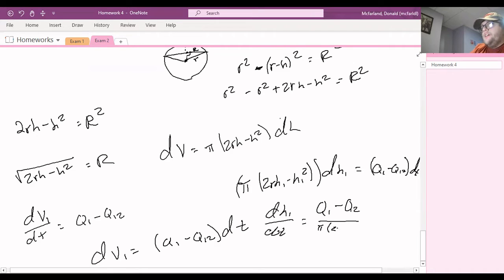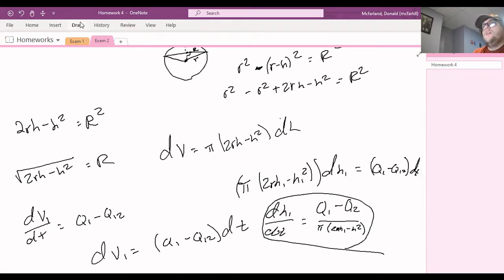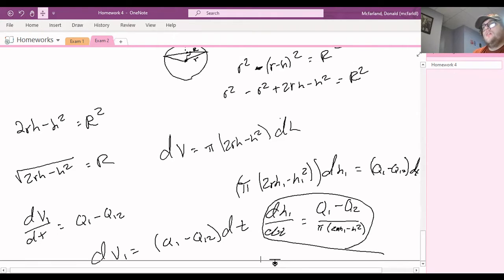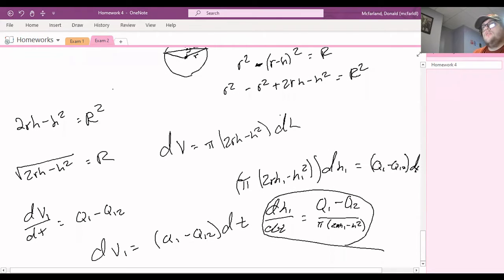So the pi times (2rh1 minus h1 squared). So that's our first dH1/dt equation.